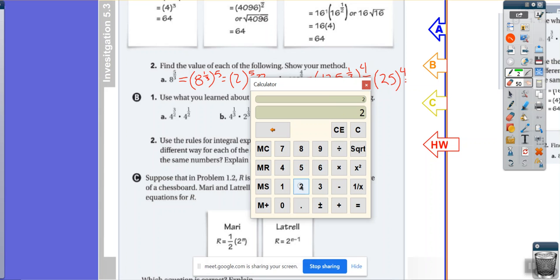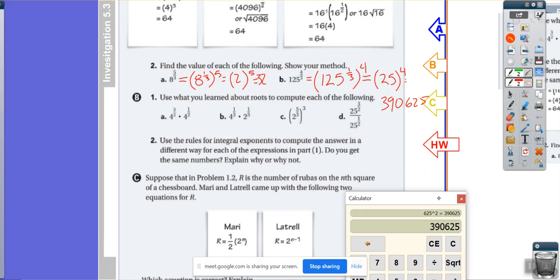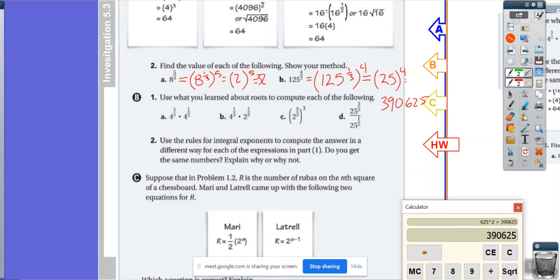We square it. Yeah, I completely messed it up, but that's okay. 390,625. All right.